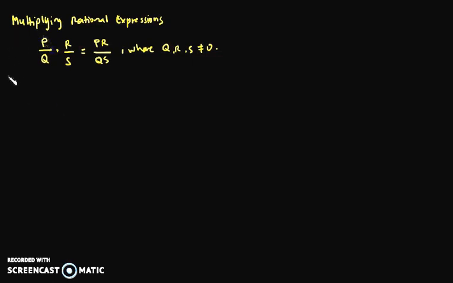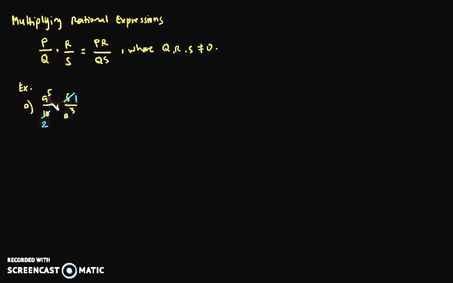Say, for example, we have a to the 5th over 10 multiplied by 5 over a cubed. By means of cancellation, you can cancel this 5, make this 1, and this will become 2, because both of these numbers are divisible by 5.